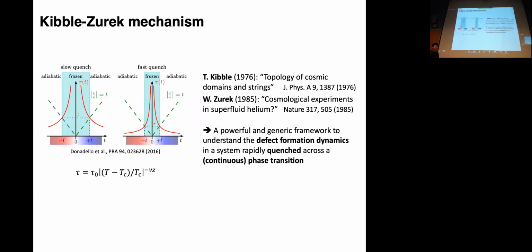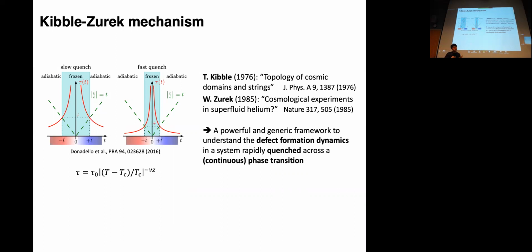Since Gabriel already gave a wonderful introduction to the physics of the Kibble-Zurek mechanism, I'll be very brief and say that for a system that can undergo a continuous second-order phase transition, if you rapidly quench the temperature of your system through the phase transition, because the characteristic time and length scale of correlations in your system diverge near the critical point, the reflex of the system will get slower and slower as you approach the phase transition.